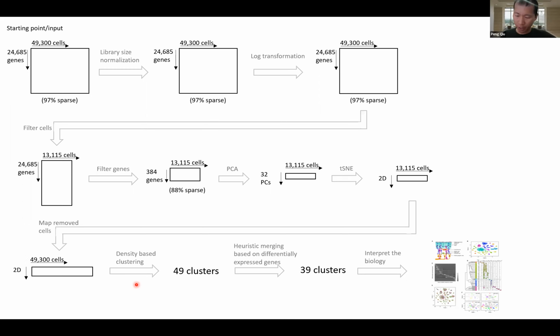But 100 could be a large number. You can certainly use other thresholds. At the same time, the number of differentially expressed genes is also somewhat affected by how many cells you have in total, right? So in this study, they have roughly 50,000 cells, okay?